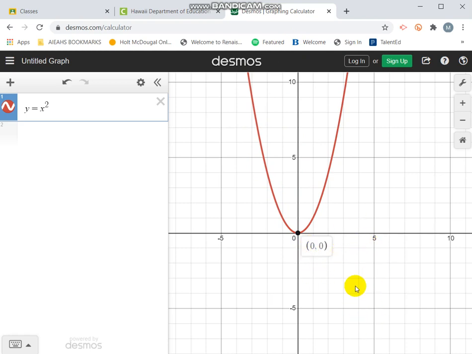It only goes from the y value of 0 and above. Okay, so if we're only considering the y values, basically this is the minimum value that it will reach. Okay, so that's just a little reminder if you didn't learn it before.